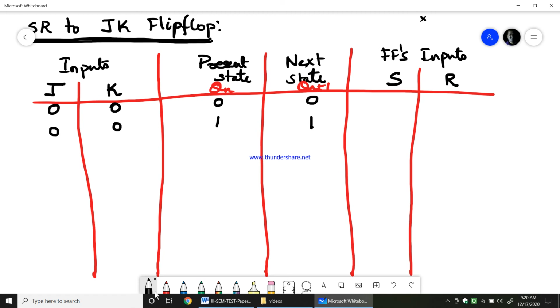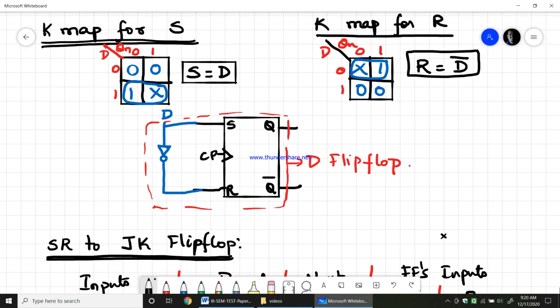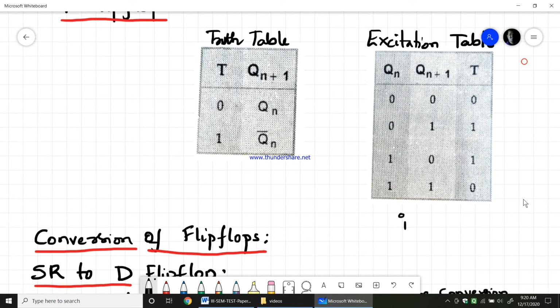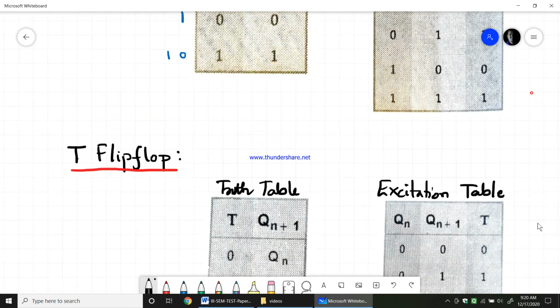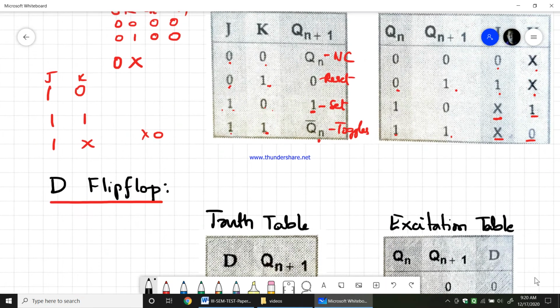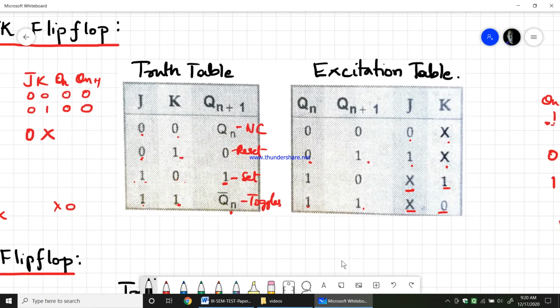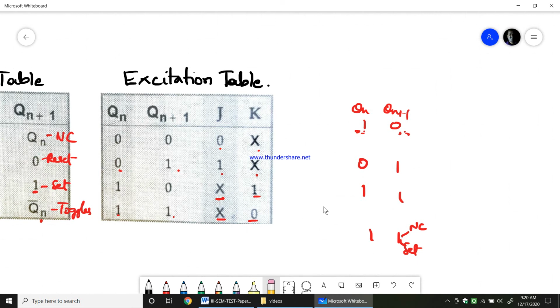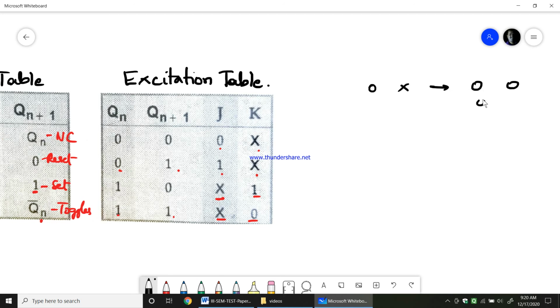So if I go back and look into the JK flip-flop, this is the JK excitation table which we have written here. Now I'll tell you how we are elaborating it. Here JK is 0x. This can take the value 0, 0 and 0, 1.